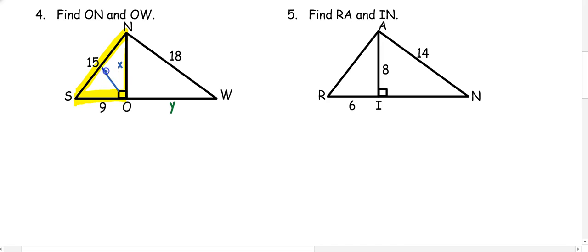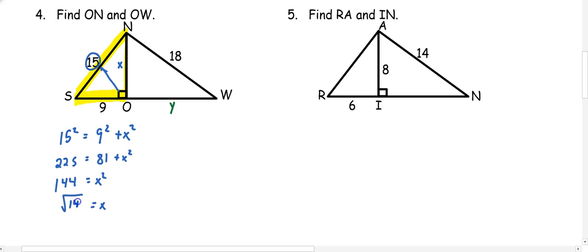So 15 is across from the right angle. 15 squared equals 9 squared plus x squared. So we get 225 equals 81 plus x squared. Subtract 81 from both sides, and I get 144 equals x squared. When I take the square root, I get that x is equal to 12.